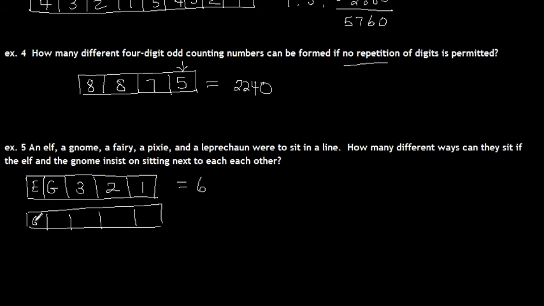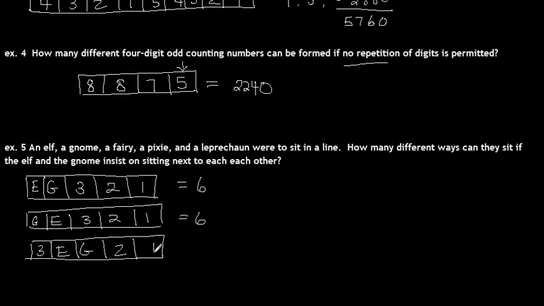We could put the gnome here and the elf here, and then we'd have 3, 2, 1, and that would be 6. So what we really need to figure out is all the different places where the gnome and the elf can sit together. So we can have the elf and the gnome sit here, and then we would have 3, 2, 1 here, or we could switch those up.